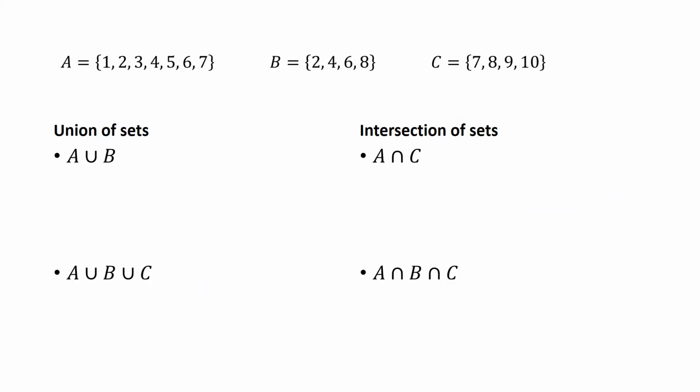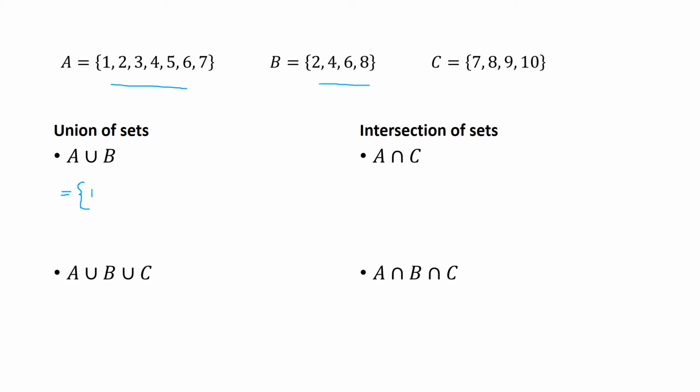Well, now some other properties of real numbers, that is intersection and union. So union means to combine the elements of two sets. So A and B, we make one set. So A union B. We combine them and write them in order.